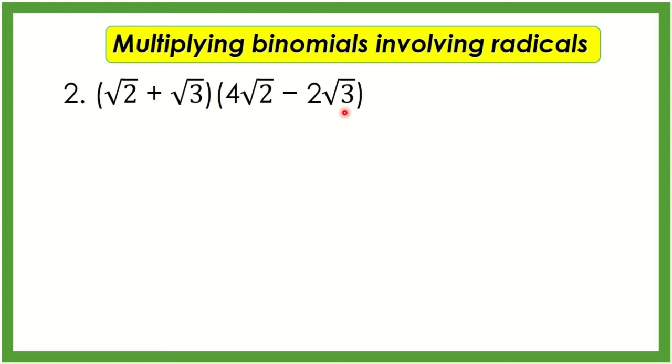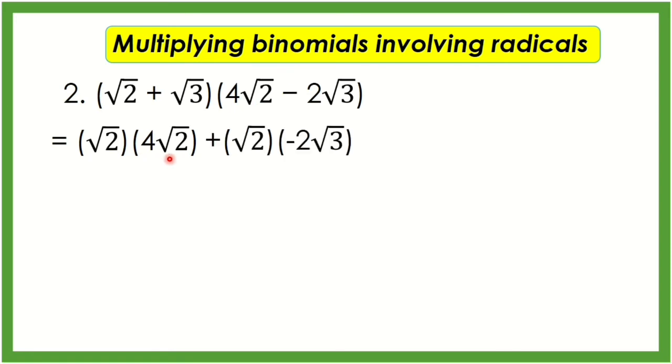Okay, let's do the multiplication of first terms. Ang first terms natin ay square root of 2 at saka 4 square root of 2. And then, plus, yung outer terms natin, pag mumultiplyin natin ang square root of 2 at saka negative 2 square root of 3.